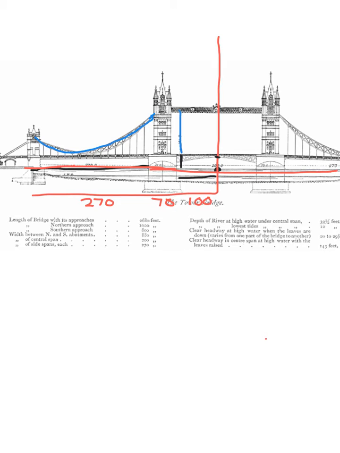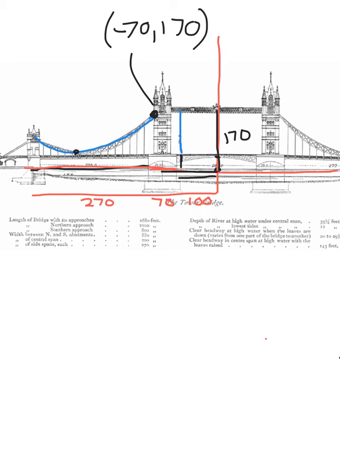So 141 plus the 29 makes 170. So I know that this distance all the way from there to there is 170. How far in are we? Well, let's have a look. We've gone 100 plus 70. So this point here is the point negative 70, comma 170. That will be one of the points on my graph.